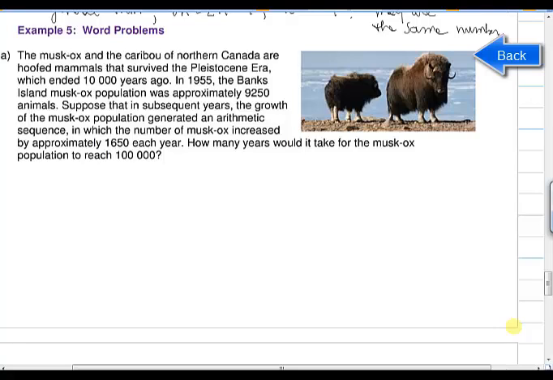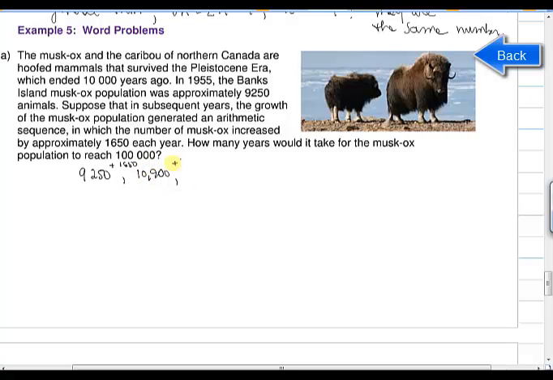So let's write the sequence down. We know that in 1955 our starting population was 9,250. And we know that in each subsequent year the number of musk ox would increase by approximately 1,650. So that means we want to add 1,650, and so in the following year we would have 10,900.